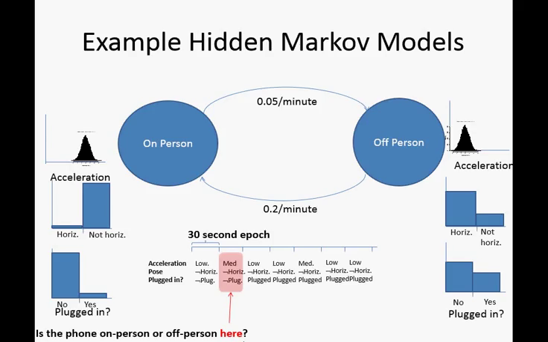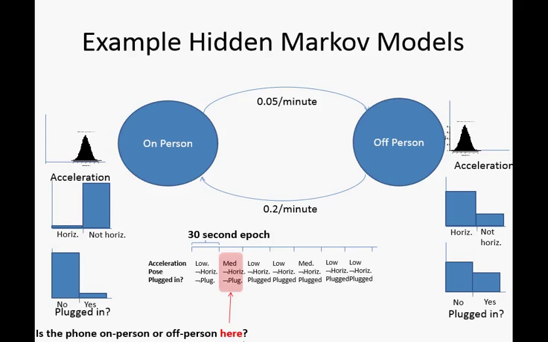And in order to assess that, as for naive Bayes and as for the SVM, we're going to be drawing on data from multiple sensors, from multiple types of measurements. And we're going to be trying to combine them to yield the best guess as to whether they're on-person or off-person.